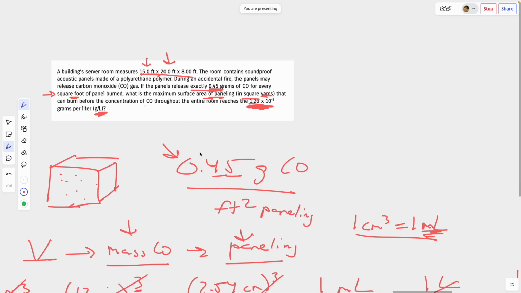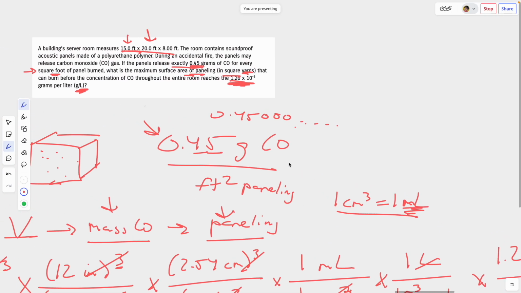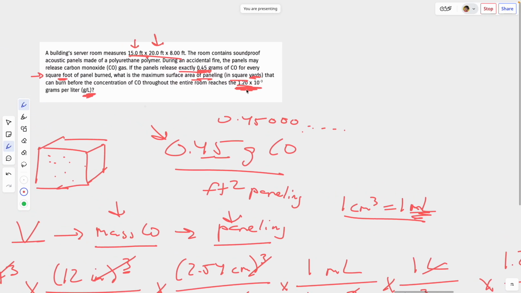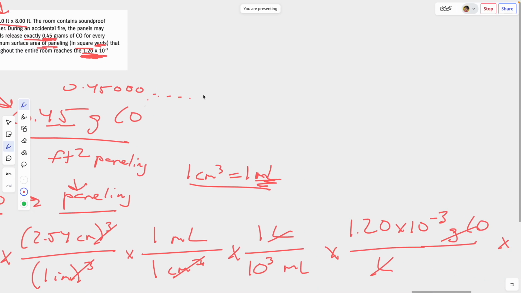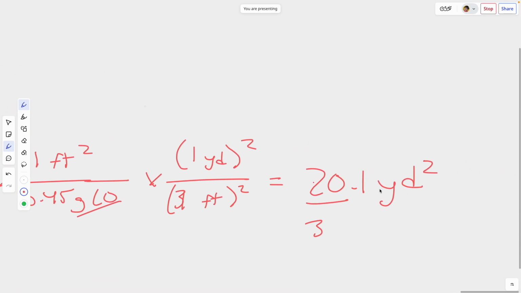So that means you can think of it as 0.45000 with infinite zeros after this, because it's exactly 0.45. So this is not going to limit our sig figs. So in that case, we're going to look at the other 2 numbers, and we have 3 sig figs here and 3 over here. So our final answer should have 3 sig figs, which is 20.1 yards squared.